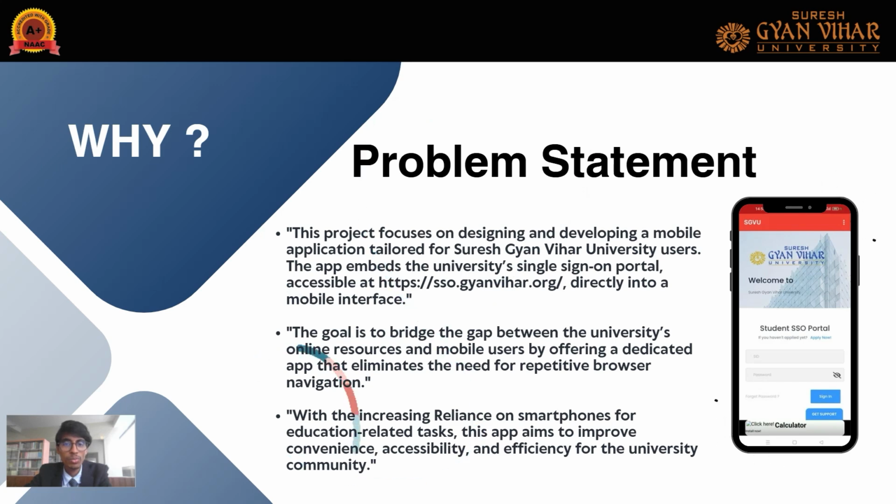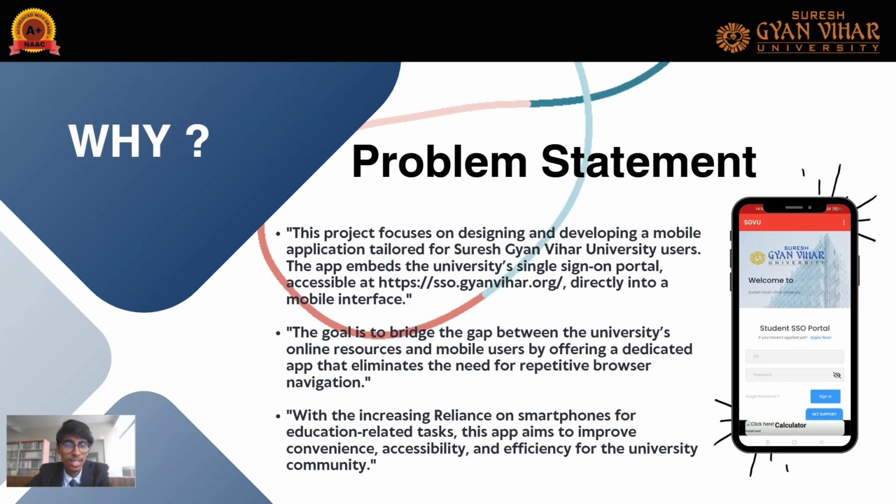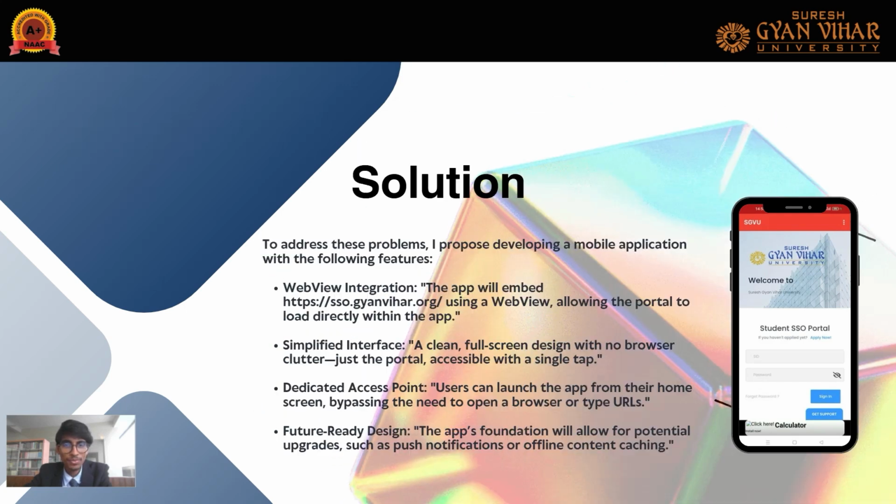The goal is to bridge the gap between the university's online resources and mobile users by offering a dedicated app. If you are trying to open the site via a browser, like Chrome or Edge on a computer, and you get the same thing as an app on your mobile phone, it will be easily accessible. So it will increase functionality through the mobile app.